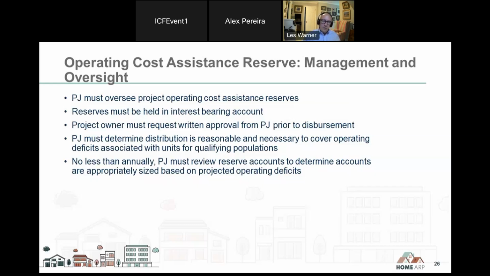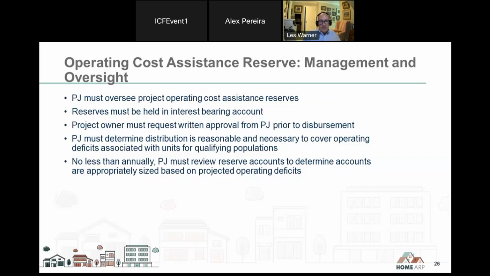So the property owner is required to submit a written request to the PJ prior to the disbursement. So the PJ is determining, is there a shortfall? Is this an eligible cost? And we'll be approving that before funds are being drawn from that operating cost reserve. So the PJ is determining, is it reasonable? Is it necessary? And then approving or denying that request.